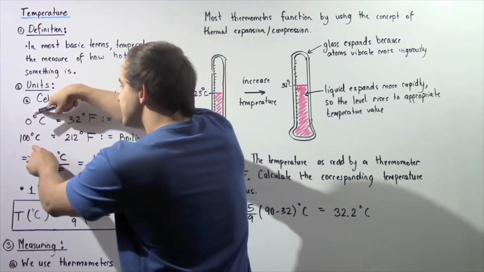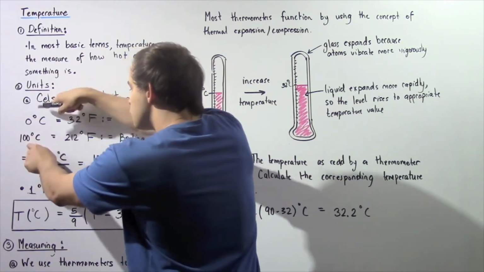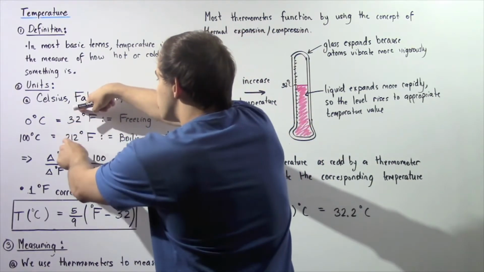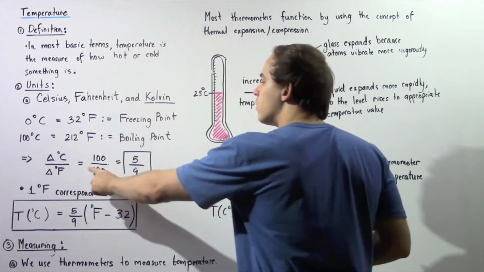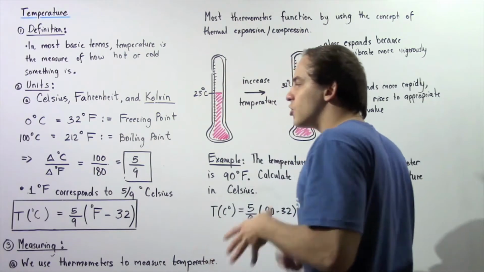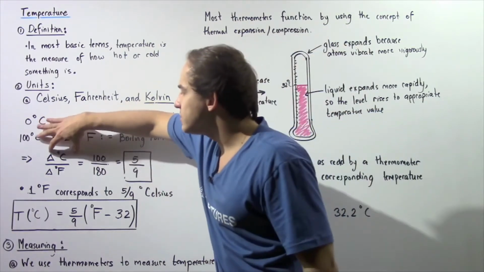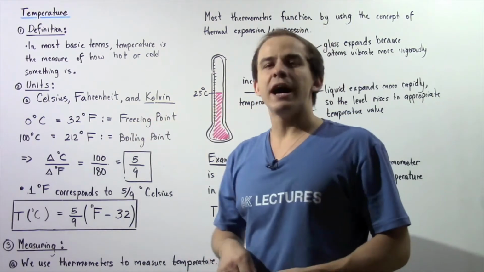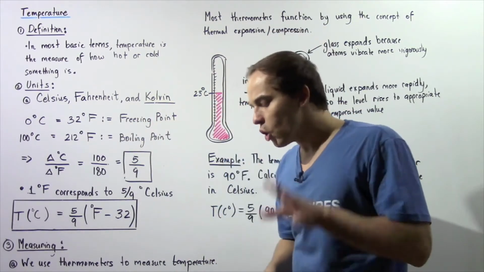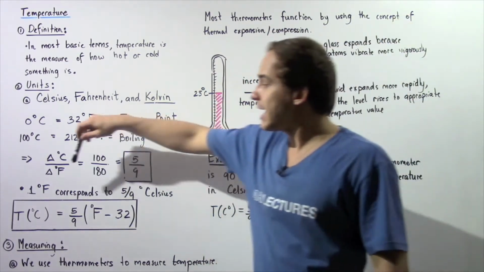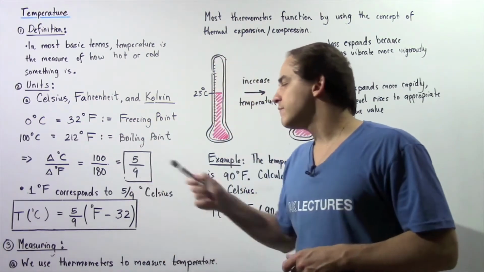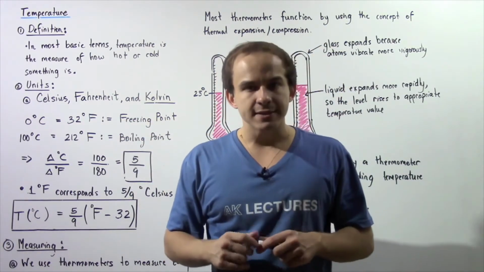The change in Celsius going from 0 to 100 is simply 100, and going from 32 to 212 gives you a change of 180. So we see the ratio of the change in Celsius to the change in Fahrenheit to be 5 divided by 9. That implies that 1 degree Fahrenheit corresponds to 5/9 degrees Celsius.